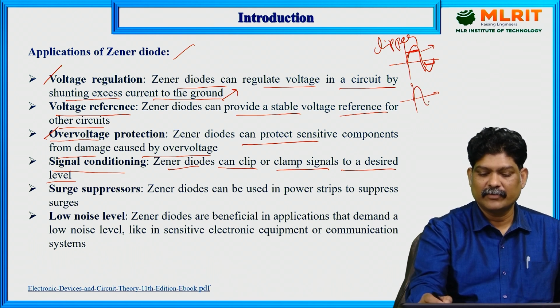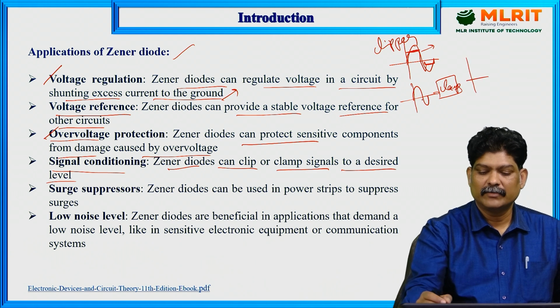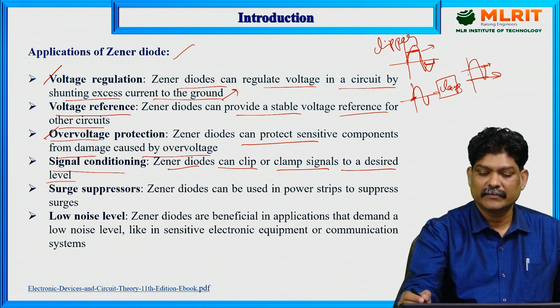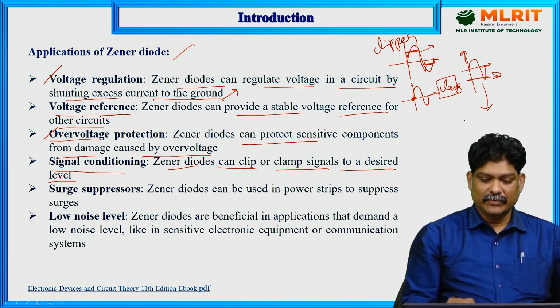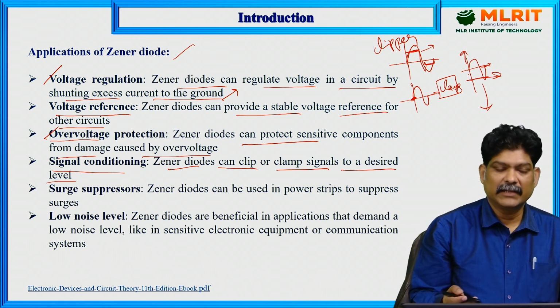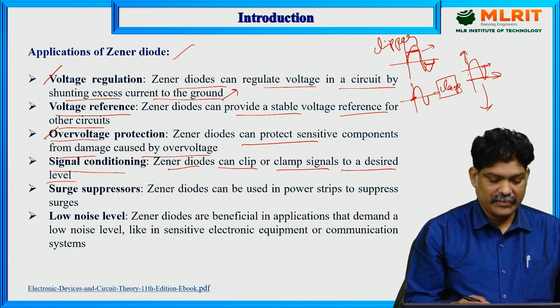This is the actual voltage, and after applying a clamper circuit, the reference voltage shifts to some other level, either on the positive side or the negative side. In such a case, signal conditioning can be done using Zener diodes.